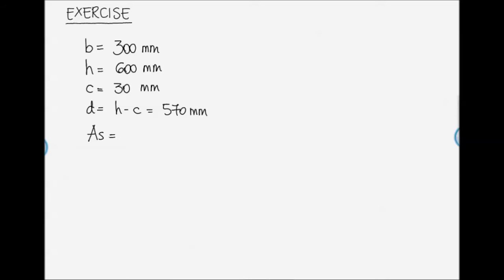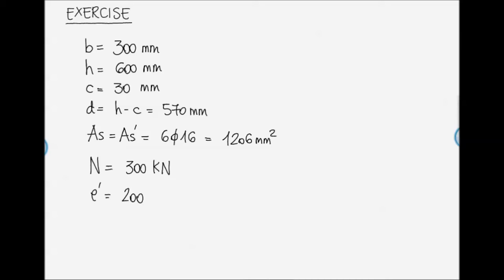AS and AS prime are equal and made out of 6 bars Phi16 for a total area of 1,206 square millimeters. And the axial force, the eccentric axial force that acts on the cross-section is 300 kilonewton, applied at a distance E prime from the superior portion of the cross-section equal to 200 millimeters.